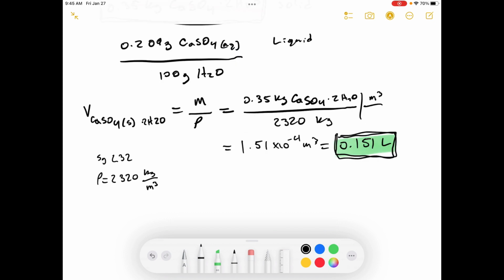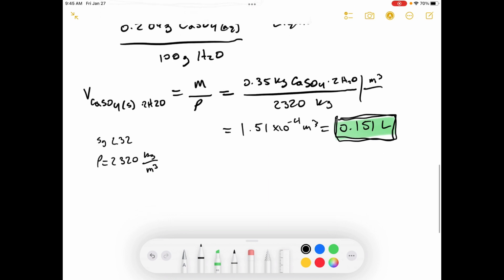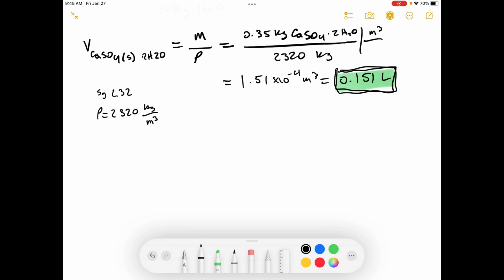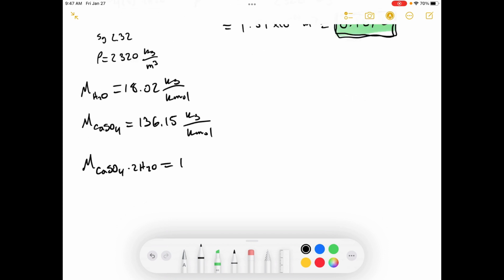And now it asked us how much calcium sulfate is in the gypsum. In order to know that, we need to go to our molar ratios and things like that. So let's get our molar masses figured out. 172.2 kilograms per kilomole.